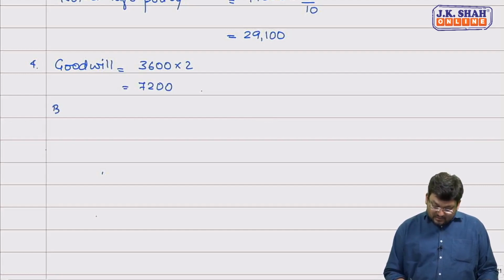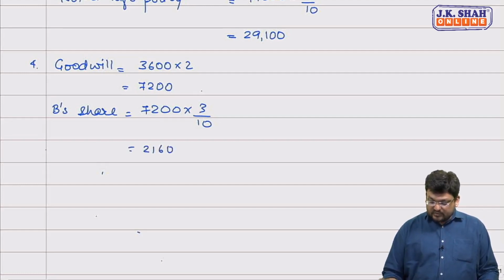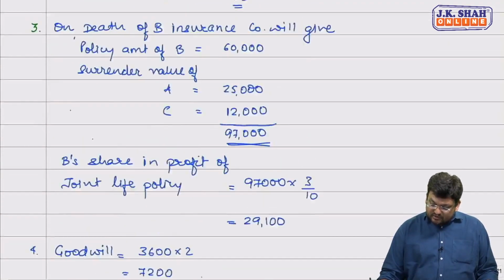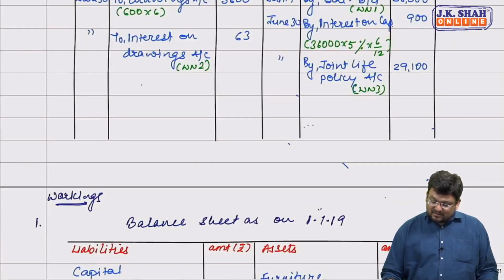And B's share in that goodwill, 7,200 into 3 by 10. So 2,160. So this 2,160, his share in goodwill will be given to him by A and C. We may directly write by A and C's capital.